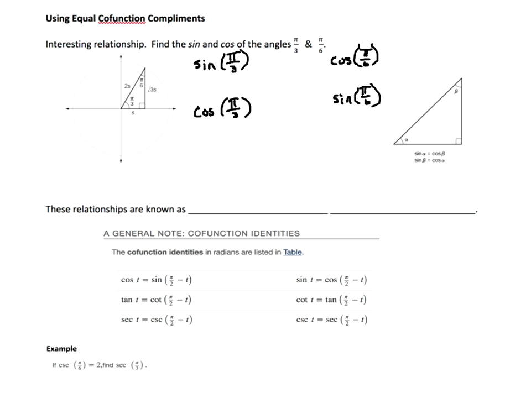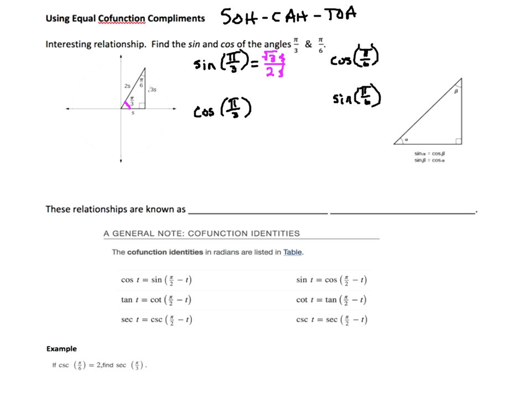Okay, so the sine of pi over 3. Pi over 3 is this angle right here. That's that 60-degree angle. The sine of pi over 3 is the opposite, which is square root 3s over the hypotenuse 2s.